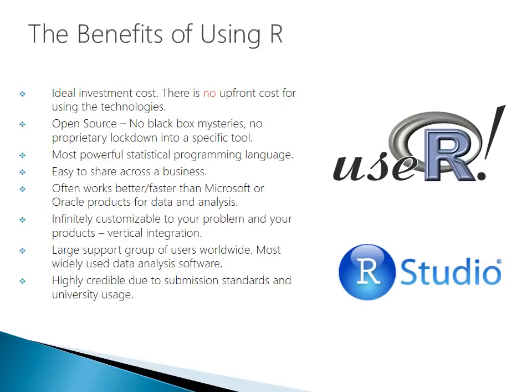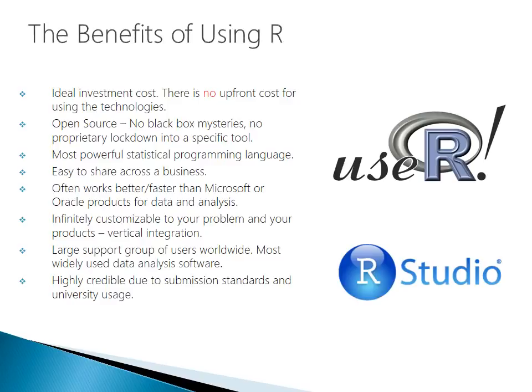The software originally was used for academic purposes. It was used by researchers, and because of this, the base packages and the base statistical functions had to go through a very rigorous vetting process. So the quality of the statistical results is very high.